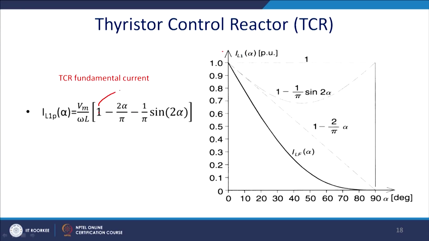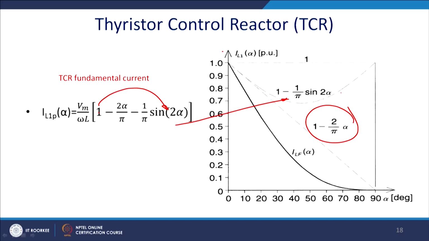The expression has a term 1 minus 1 by pi sin 2 alpha, which has this contribution, and a term with a linear contribution with alpha.